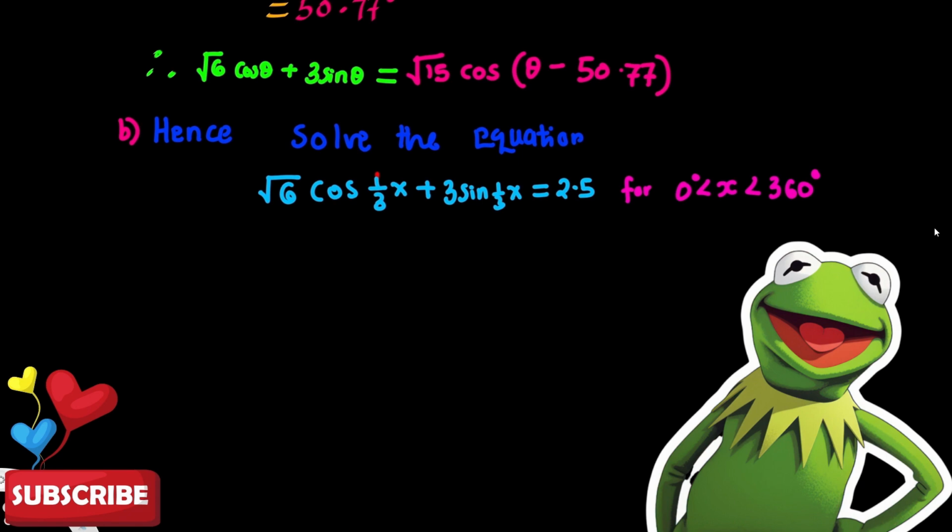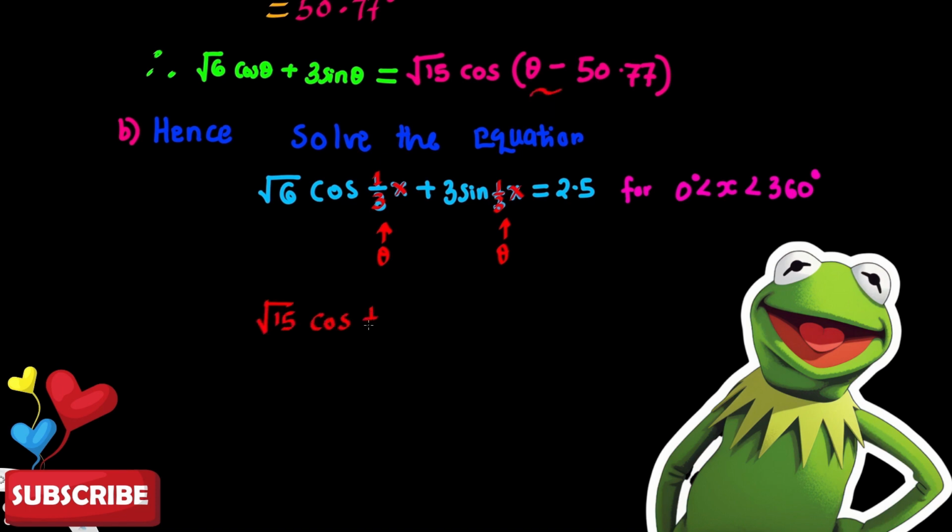But we are given here our theta is equivalent to 1 over 3x. So where we have theta in the previous expression that we expanded, we're going to replace that with 1 over 3x. Now let us use that part so that we can replace that.